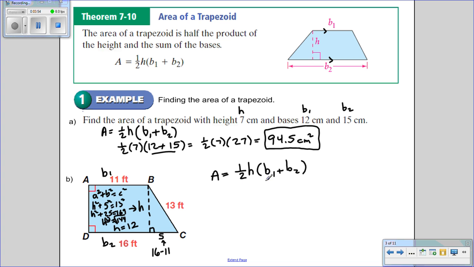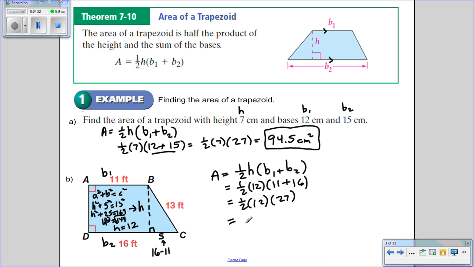So here's our formula. Now I'm going to plug in all the information I know. The height I just figured out was 12. And base 1 was 11, base 2 is 16. So let's go ahead and calculate that. That's 1/2 times 12, and then 11 plus 16 is 27 again. Now we can calculate that all the way across, multiply half times 12 times 27.